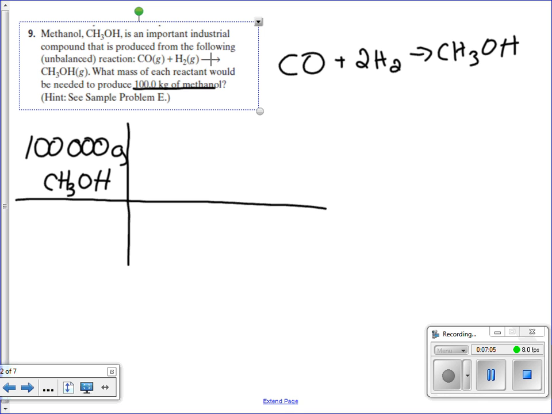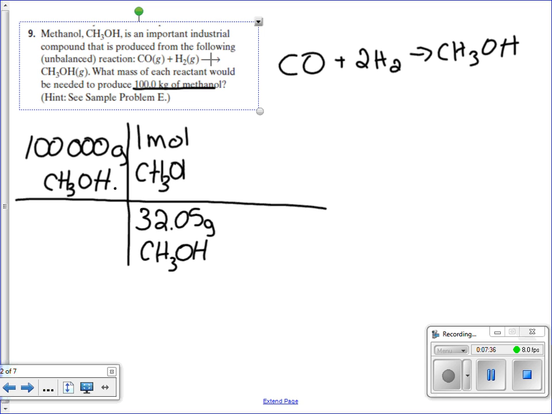So I have to stop at grams of carbon monoxide. And so here I'm starting with grams of methanol. I have grams of methanol here. I have to have grams of methanol down here. And the only place I can get that is from the periodic table. So when I add all of that together, I get 32.05 grams of methanol, and everything on the periodic table is equal to 1 mole of that substance.